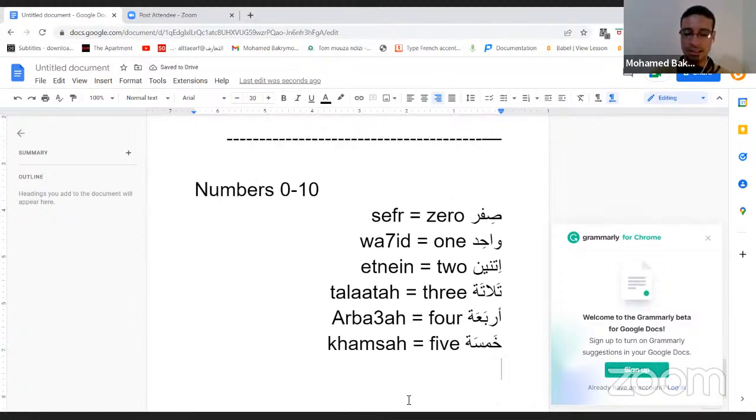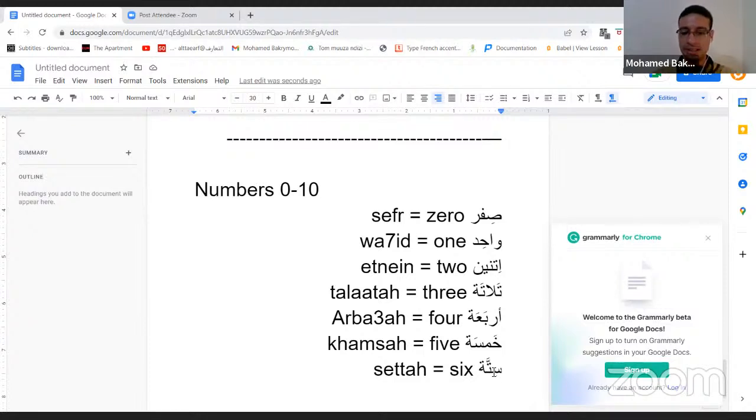The next one is ستة. ستة means 6. And in ستة, I have here a small w above the letter ta. This means the letter is doubled, like it's pronounced like double T. So it's ستة, 6.